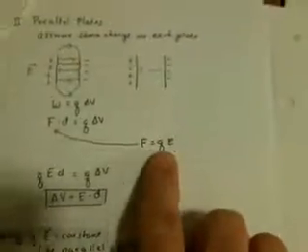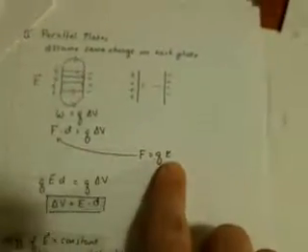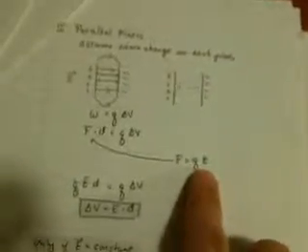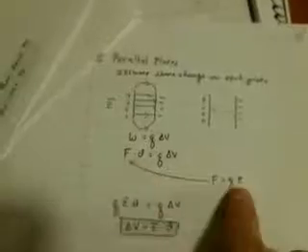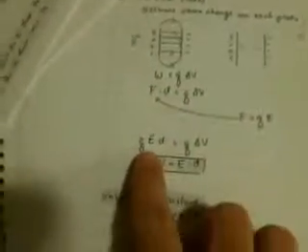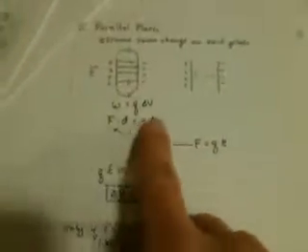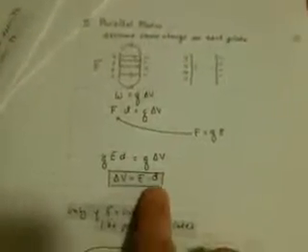Since an electric field is force per charge, then the force is the charge times the electric field. So where that F is, I can put a QE, multiply that by the D. That equals the Q delta V. The Q's die, and the change in voltage is equal to ED, where we once again say hi to ED.